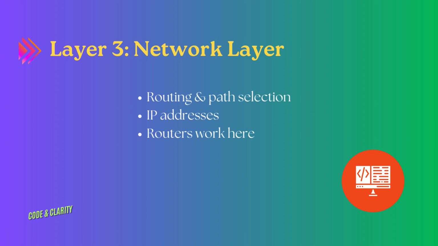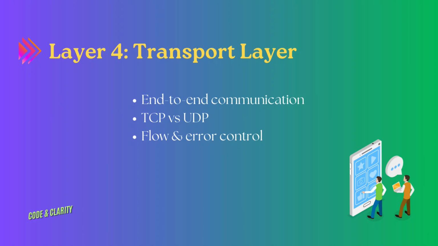The fourth layer is the transport layer. This is one of the most important layers. It provides end-to-end communication between devices. Here we have TCP, which is reliable but slower, and UDP, which is faster but less reliable. TCP stands for Transmission Control Protocol and UDP stands for User Datagram Protocol.